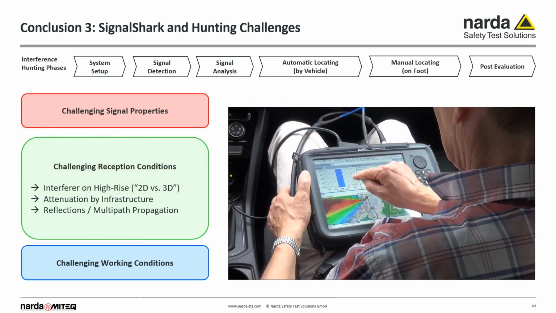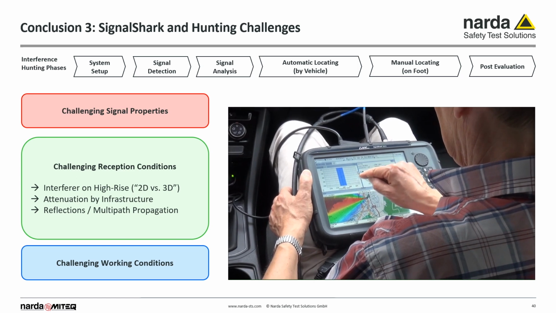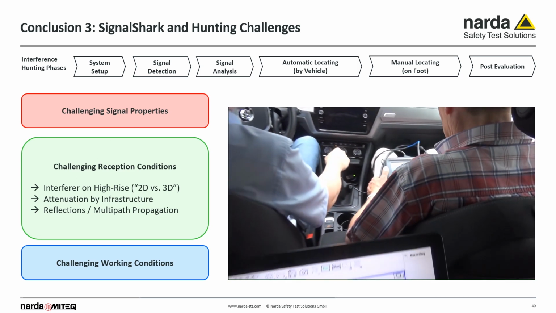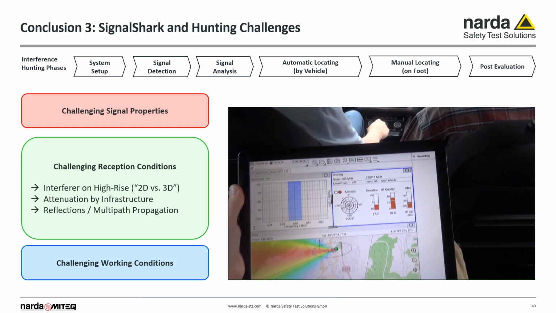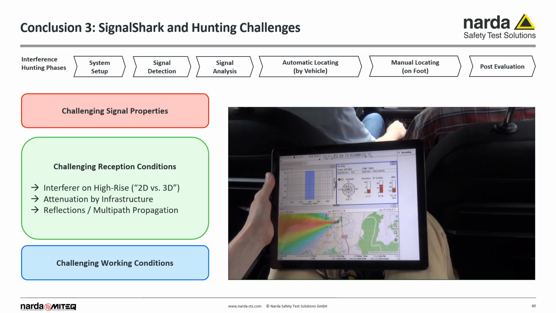While driving too, we are challenged by difficult reception conditions such as reflections. Using a modular and automatic direction finding system as SignalShark with its magnetic mounting plate provides enormous advantages, since it can be used on any car and it takes hundreds of 3D bearings until we are provided with a heat map and a localization result.